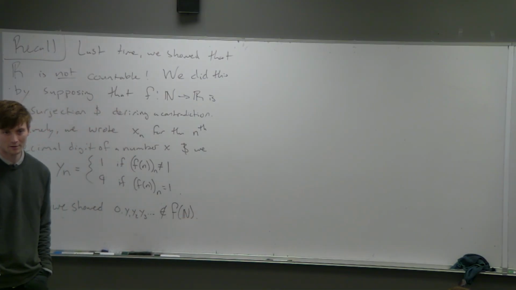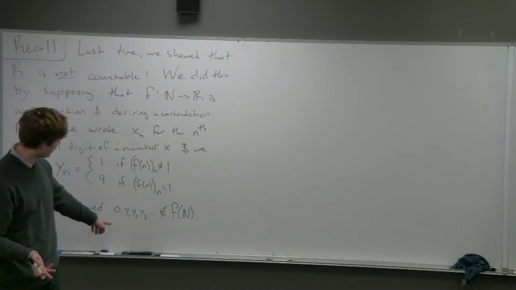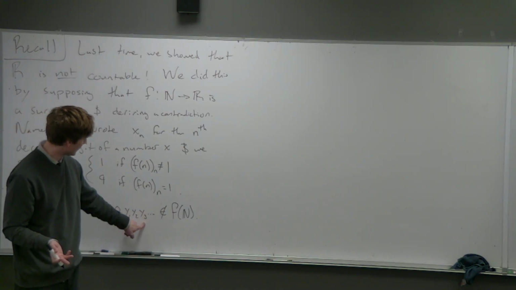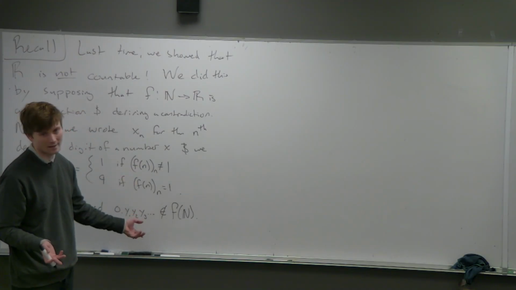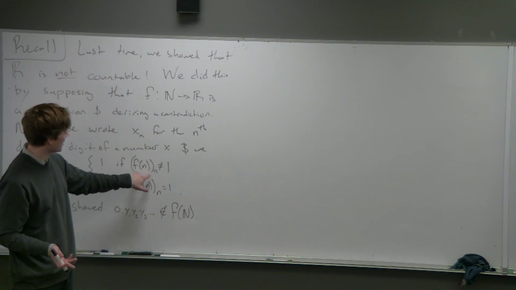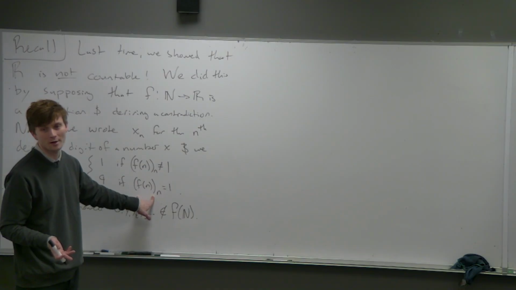This contradicts surjectivity, hence there can be no surjective function from the naturals to the reals, right? Why would this contradict surjectivity? Well, the nth digit to the right of the decimal place of this number is specifically not equal to the nth digit of f of n, right?